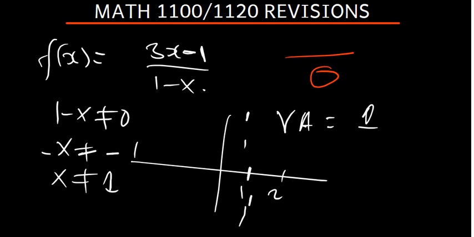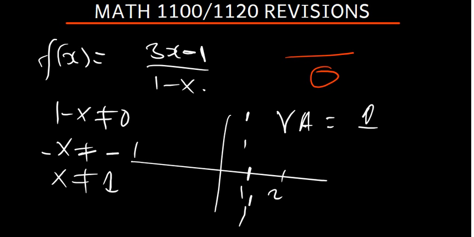The domain is the vertical asymptote. Get me right. If they ask you to find the domain, you have the fraction, get the denominator, set it not equal to 0. So for x, that is the domain. At the same time, that is the vertical asymptote. The graph can't touch that line.